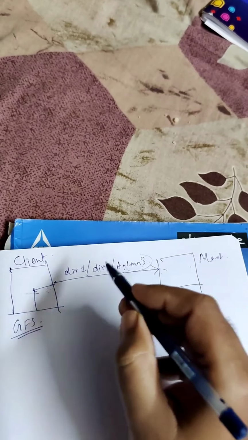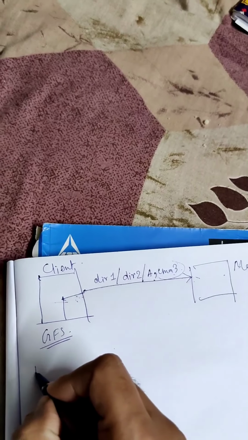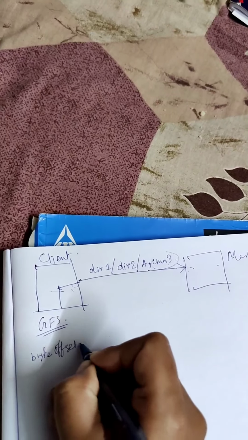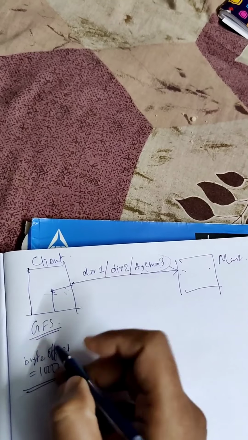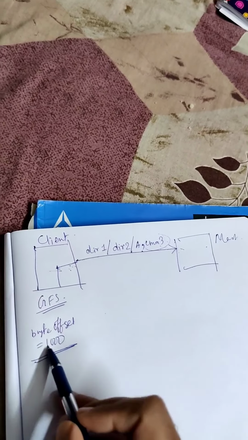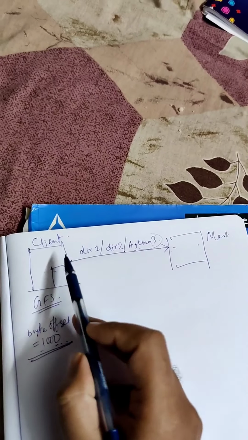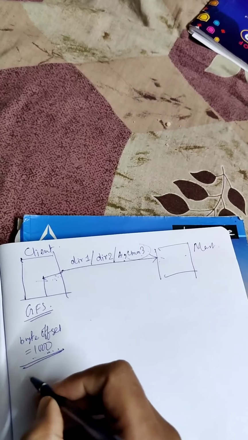Rather, it gives something called a byte offset. What is that? Byte offset is where the client actually wants to start reading the data. Say for example, your byte offset is 1000. So from there, the client application or the GFS determines what is going to be our tentative chunk ID.